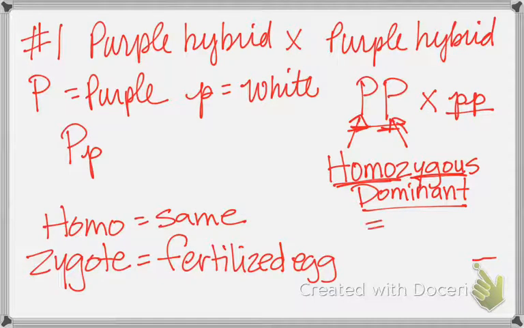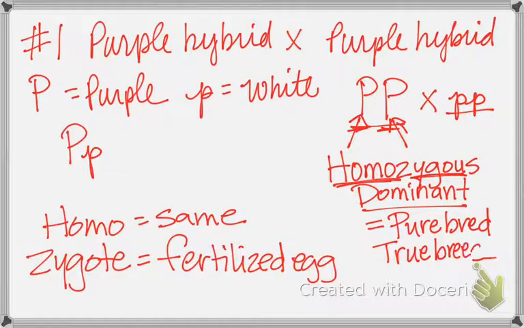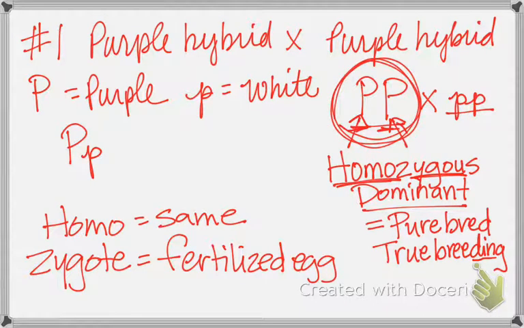Another name for homozygous dominant is purebred. Or sometimes you'll see it called true breeding. Meaning it's always going to give you purple flowers. If you're carrying big P, you can only donate to your offspring purple flowers.